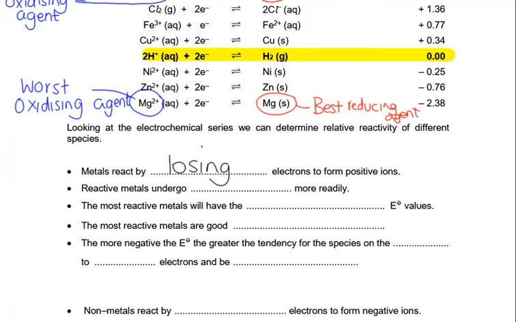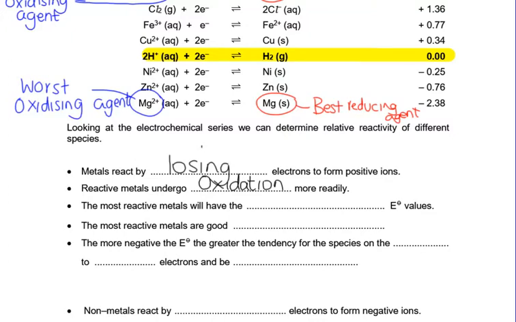Now if they're losing electrons, they're undergoing oxidation, and the more likely they are to be oxidized, the more reactive they are. So we know that potassium is more reactive than sodium because potassium wants to lose its electrons more readily, and so the reactive metals undergo this losing of electrons more easily.